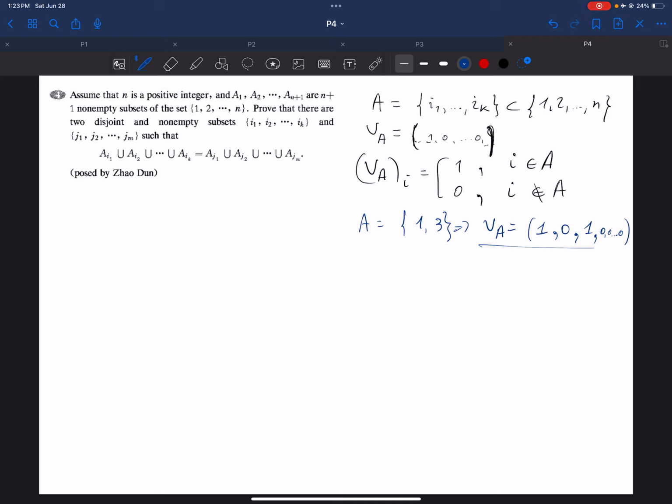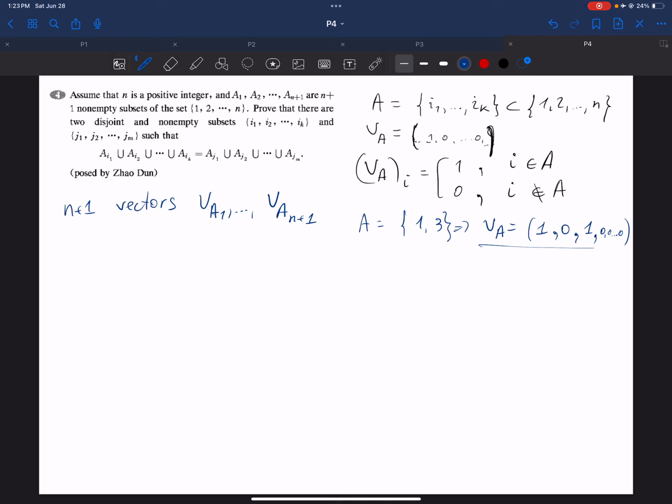Next, all right, we have n plus 1 such subsets. Therefore we have n plus 1 vectors VA1, ..., VAn+1.